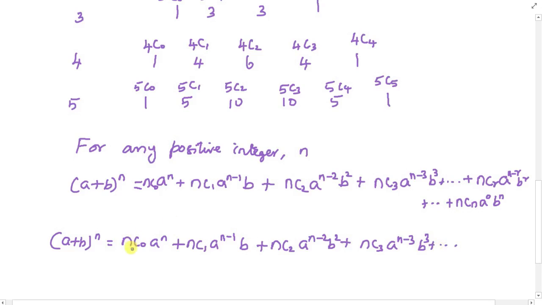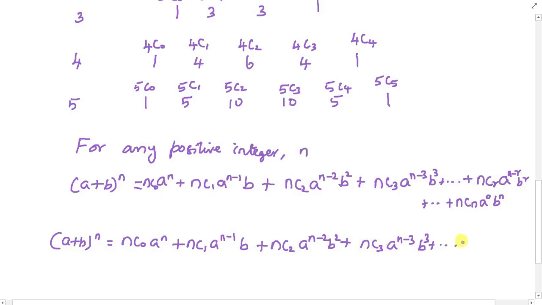You see here, when the coefficient is given as nC0, this is the coefficient of the first term. The coefficient of the second term is nC1. The coefficient of the third term is nC2. The coefficient of the fourth term is nC3.